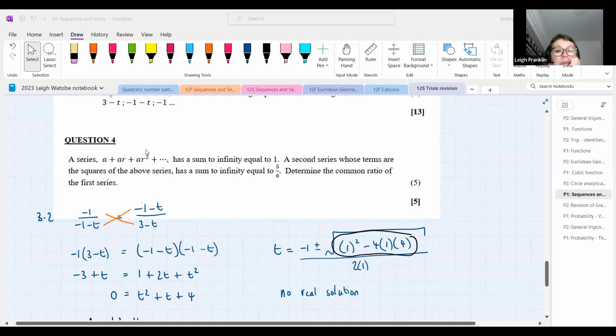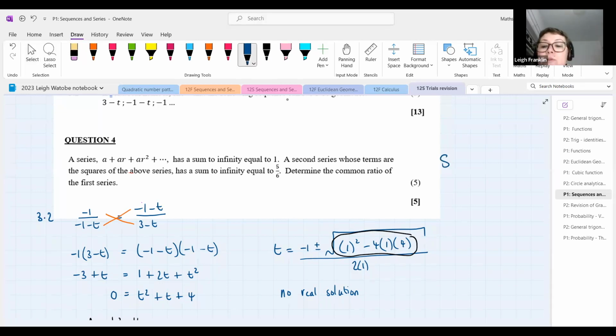Okay, let's have a look at the next question. So question number 4. Here they tell us that a series, a plus ar plus ar squared plus whatever, has a sum to infinity equal to 1. Okay, what's the formula for sum to infinity?